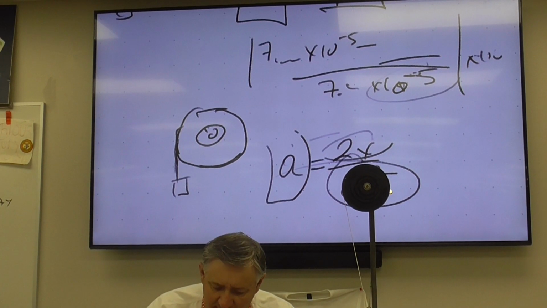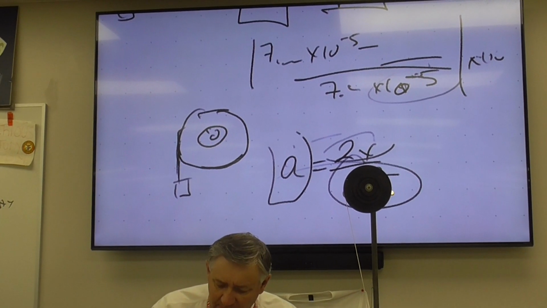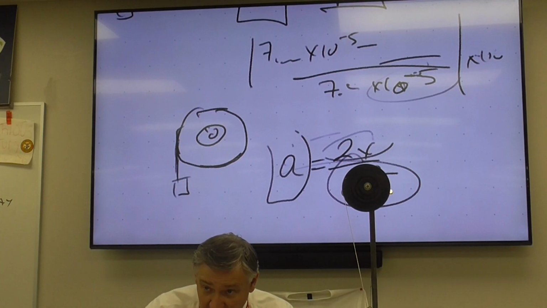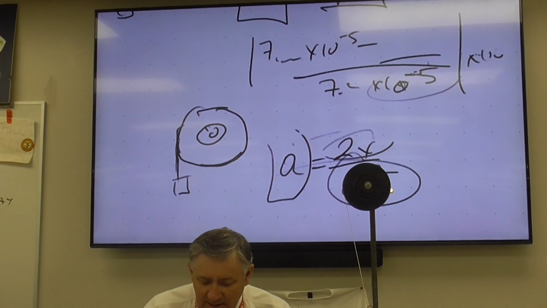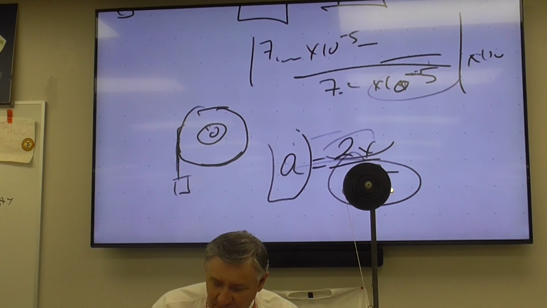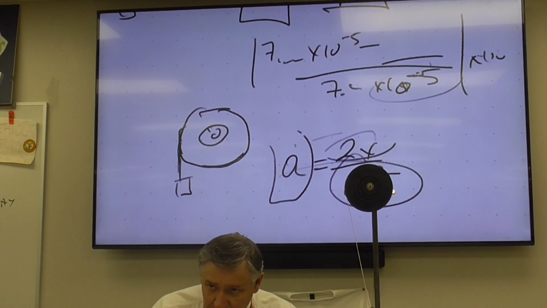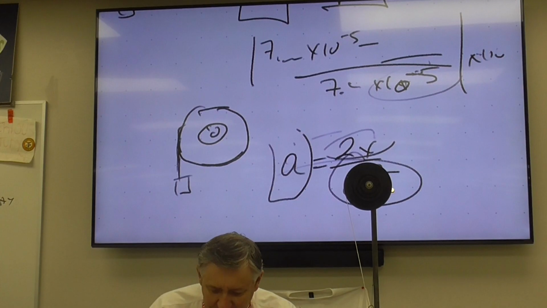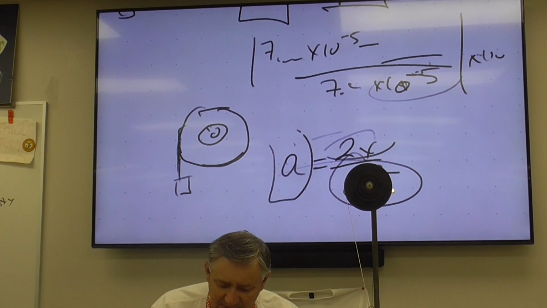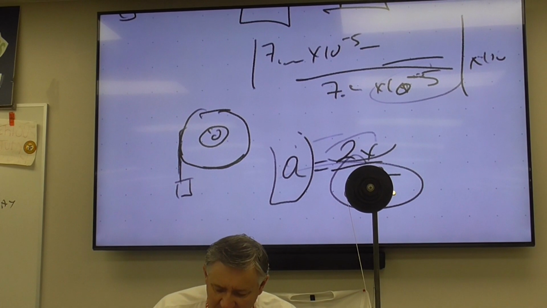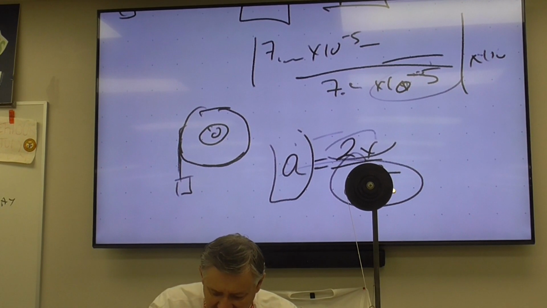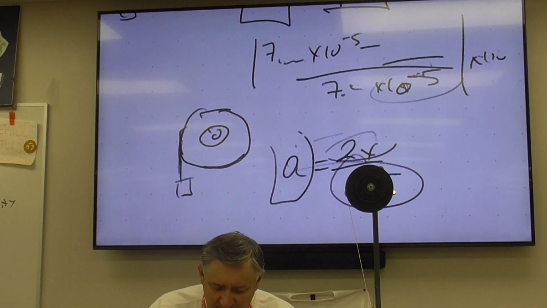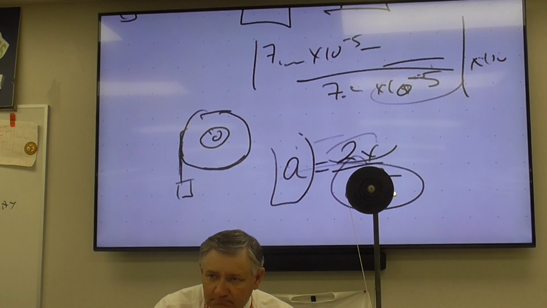On 10D, where it asks for how many revolutions, not radians, revolutions, that answer should be around 30. And when you get to G, what is the angular momentum of the tire at 4.75 seconds? That should be around 70.